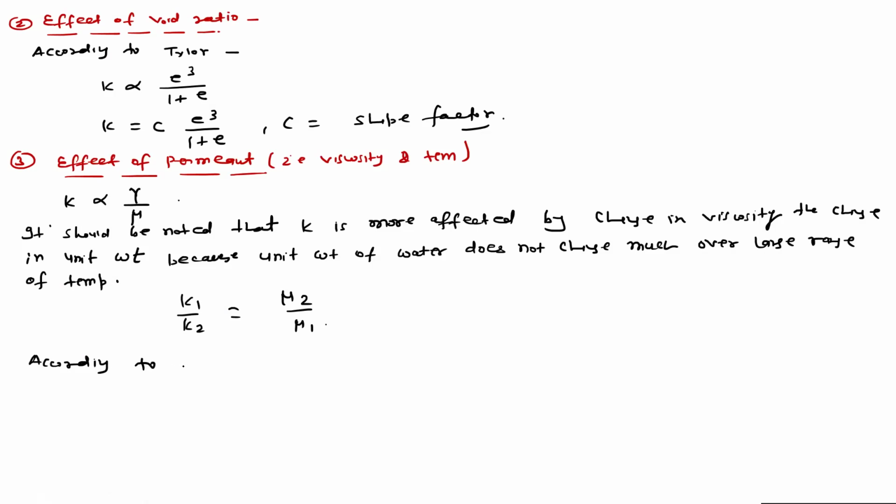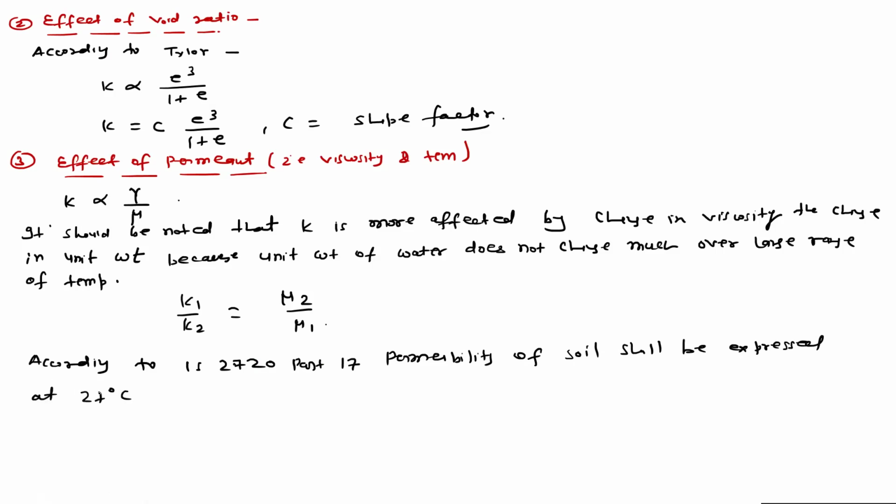According to IS 2720 part 17, permeability of soil shall be expressed at 27 degrees Celsius. This temperature is very important, and in some exams it is asked frequently. So it is reported at 27 degrees Celsius.